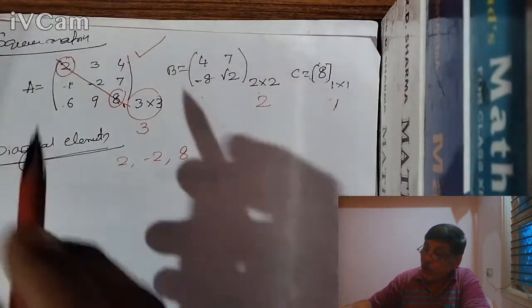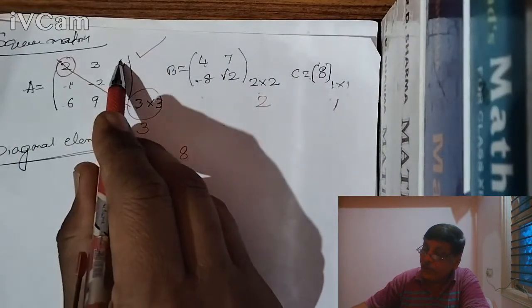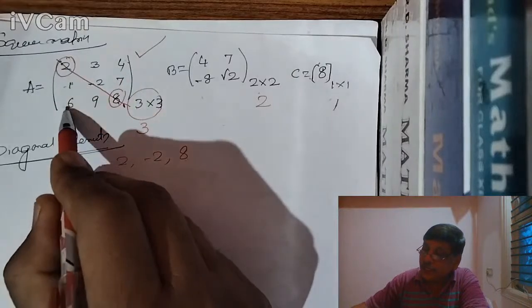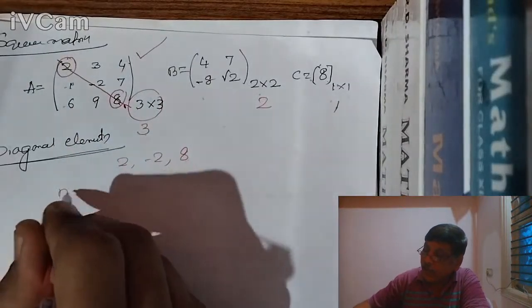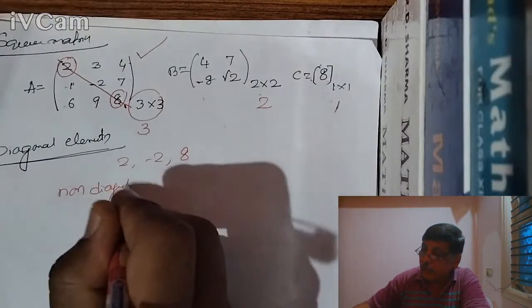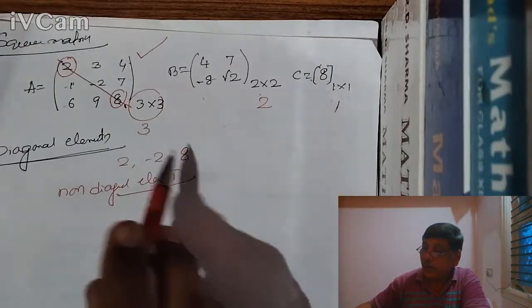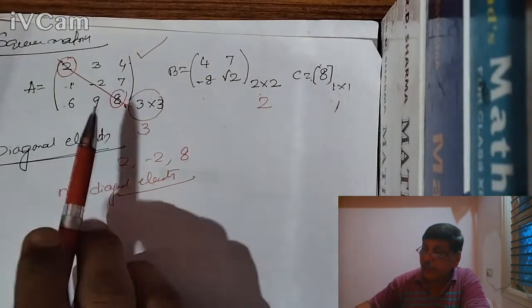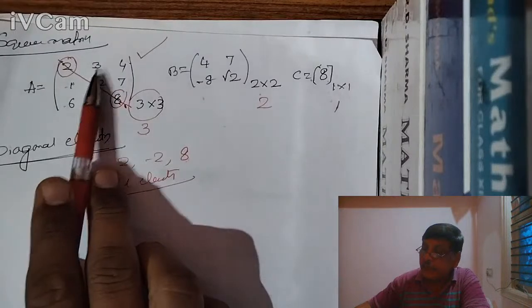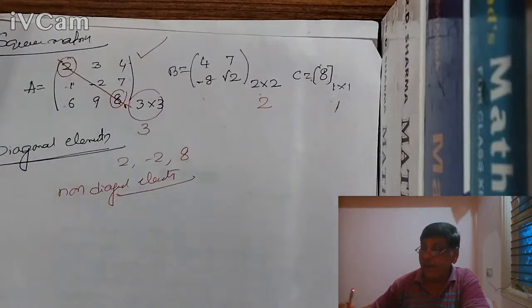Okay. So what about the remaining? Here 3, 4, 7, 1, 6, 9 are said to be non-diagonal elements. 2, -2, 8 are diagonal elements, whereas the rest of the elements 3, 4, 7, 1, 6, 9 are said to be non-diagonal elements.